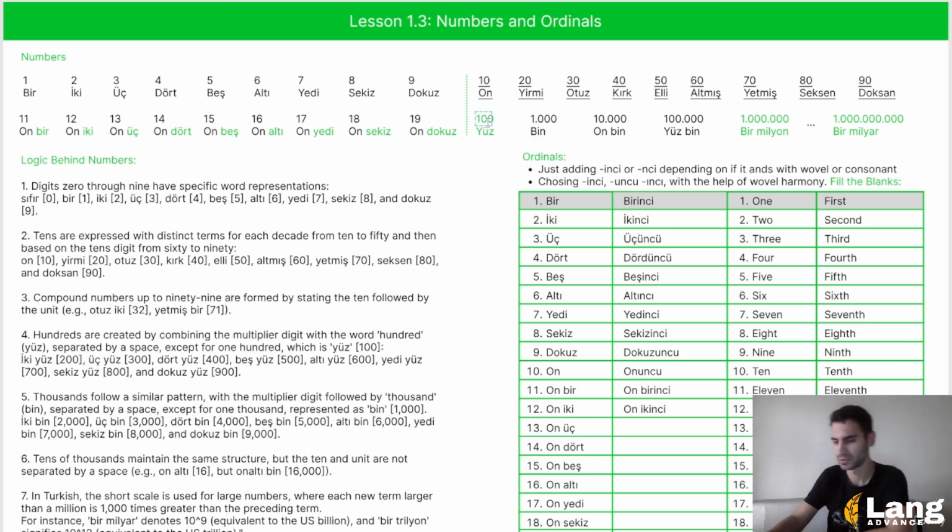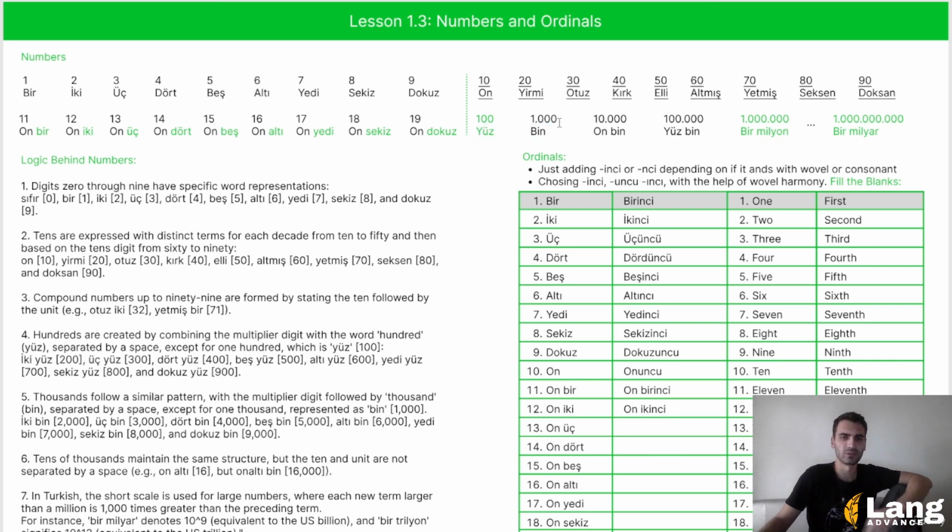If you sit with mathematicians for 1 hour and they talk about mathematics, you will learn mathematics, right? So now we are talking about numbers. Yüz, it is 100.